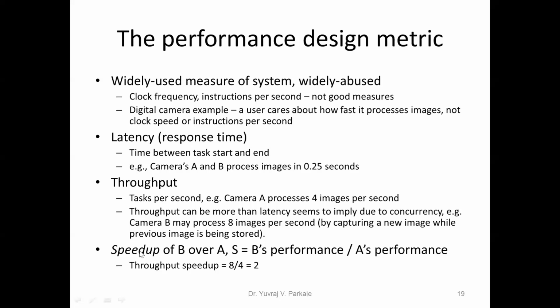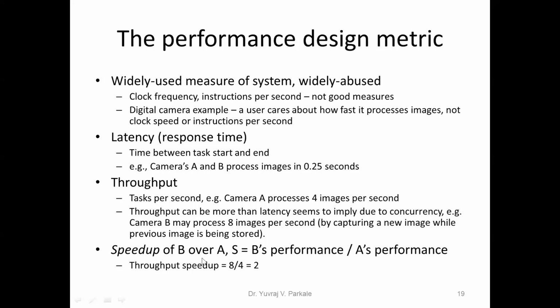Now the third parameter is called speed up, a design metric. Here you have to compare the speed of camera A and camera B. Let camera A capture 4 images per second, and camera B capture 8 images per second.